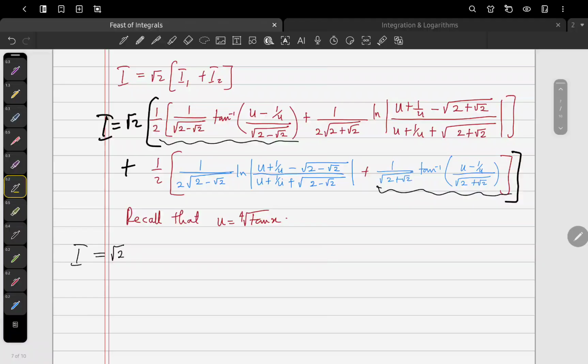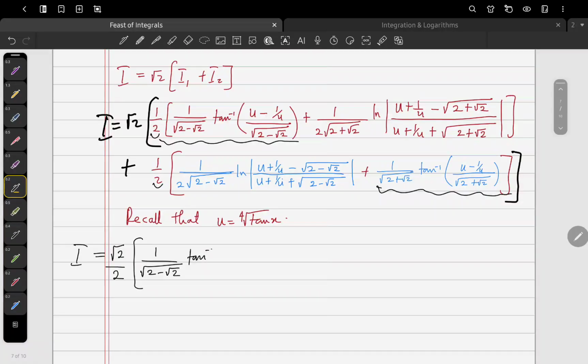Let me leave the root 2 over 2 outside, so this 2 has come out for both of them. Then we are going to have the arctan 1 over square root of 2 minus square root of 2.